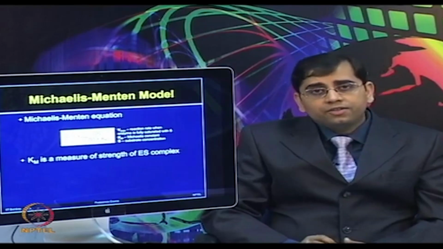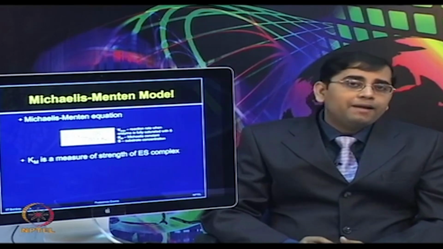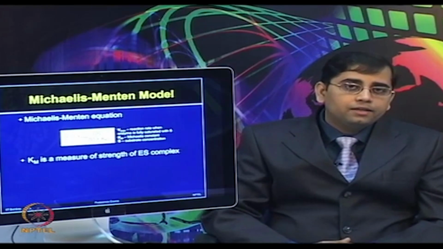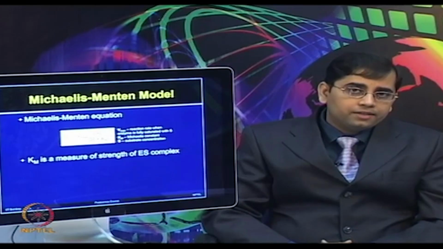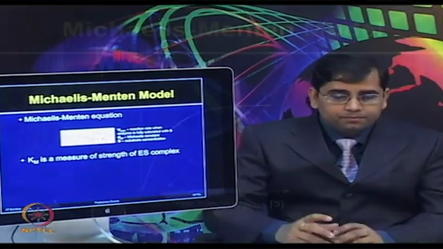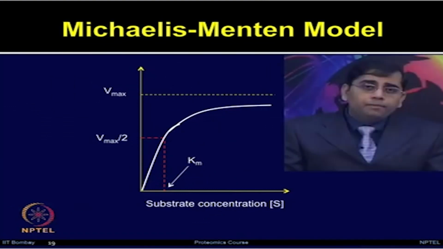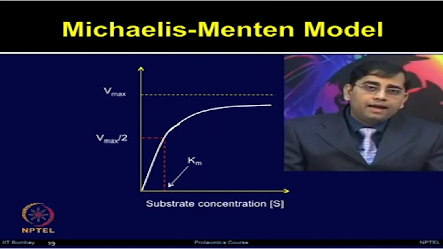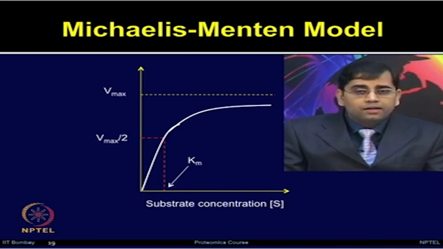So, the substrate concentration at half maximal velocity is known as the Michaelis constant or Km. As you can see in the graph, the Km is a measure of the strength of the enzyme substrate complex. So, higher Km indicates weaker binding and low Km is strong binding.